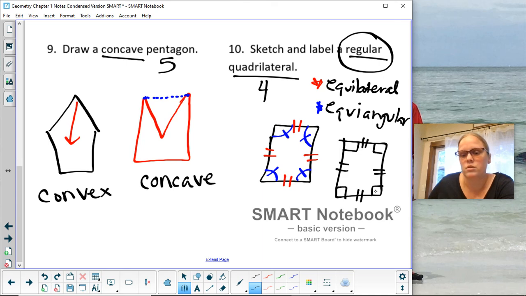But you don't use the 90-degree angles for every equiangular picture. It's just because it's a quadrilateral. And quadrilaterals have to total 360 degrees. So if I did 90, 90, 90, and 90, that would get me the total of 360. But this is also an acceptable way of showing equilateral and equiangular in a quadrilateral.